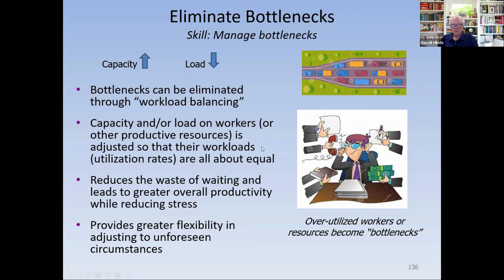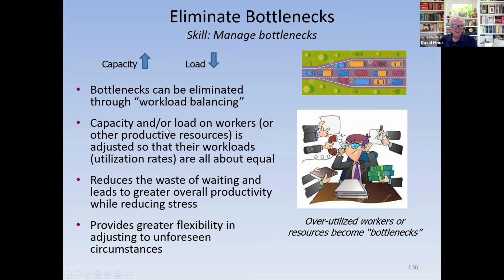You want to have, as much as possible, all of the people who are doing this work at roughly the same utilization, not super overworked, but not super underworked. Anytime one is way overutilized, that's going to be a bottleneck. Okay. So there's a lot behind this. There's a lot of technical things that can be done, time studies, but sometimes it's just common sense.